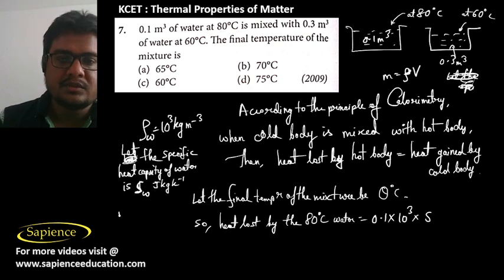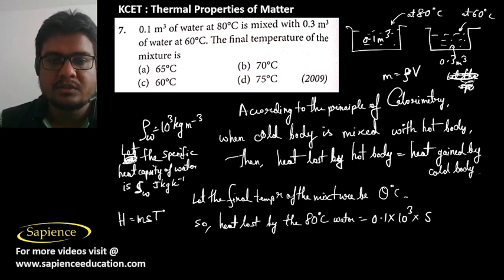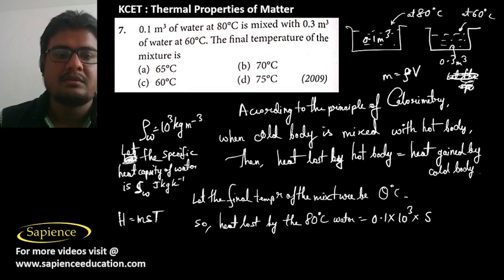Since we know that H equals m s into T, mass into specific heat into temperature, that is the amount of heat, or delta H equals m s delta T.